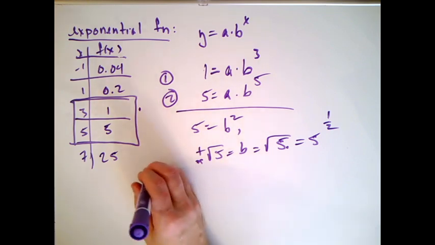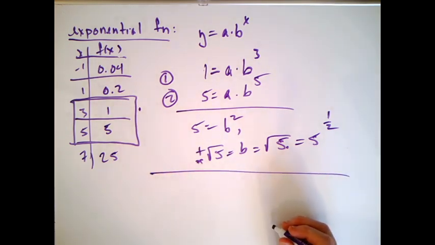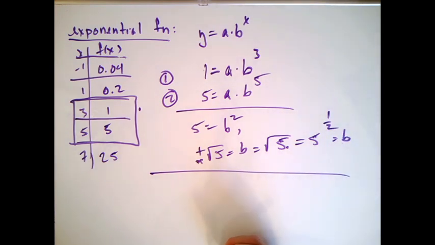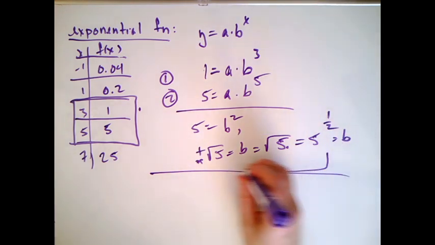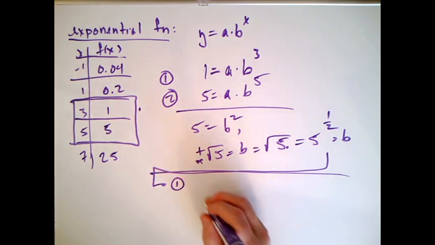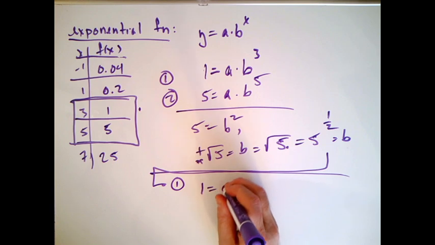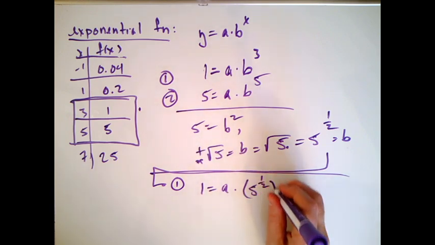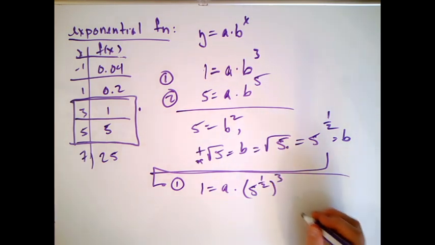Now, in order to find a, I need to plug this value of b back into one of those two equations. I'm going to put it back into equation 1. Putting it back into equation 1, I'm going to get 1 equals a times 5 to the 1/2 quantity cubed, like that.